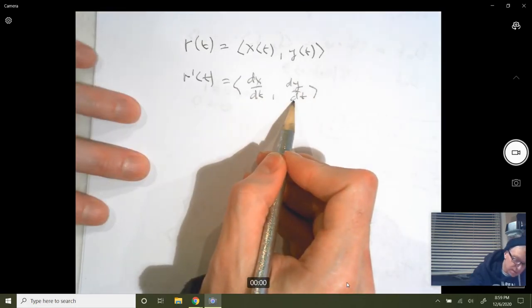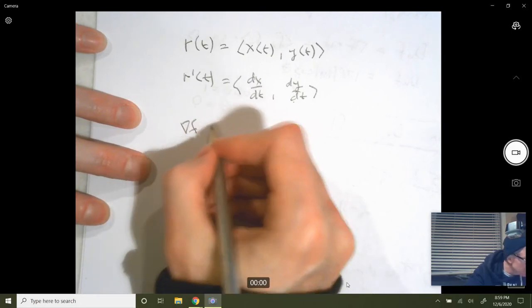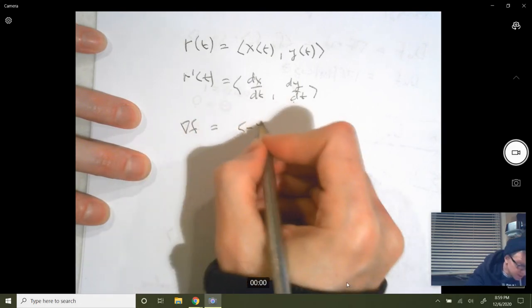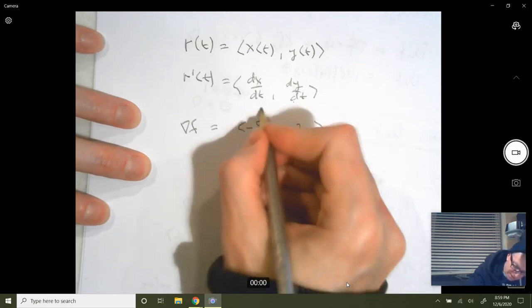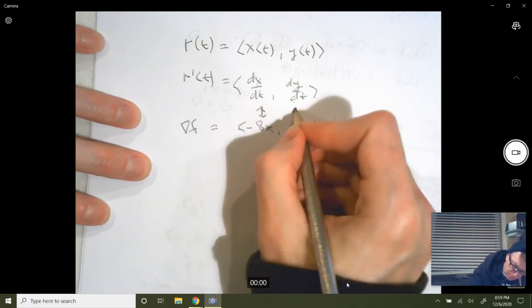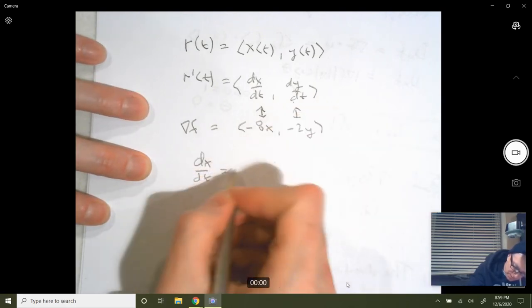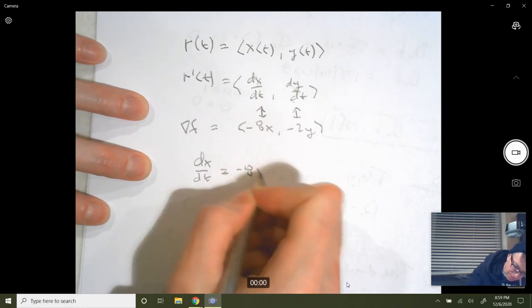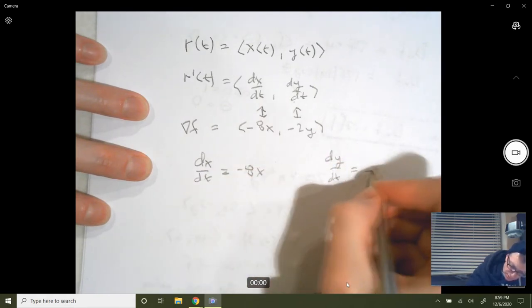And our gradient, again, was the gradient of f was equal to negative 8x, negative 2y. Okay, so we're going to set these equal. So we get dx dt is equal to negative 8x, and we have dy dt is equal to negative 2y.